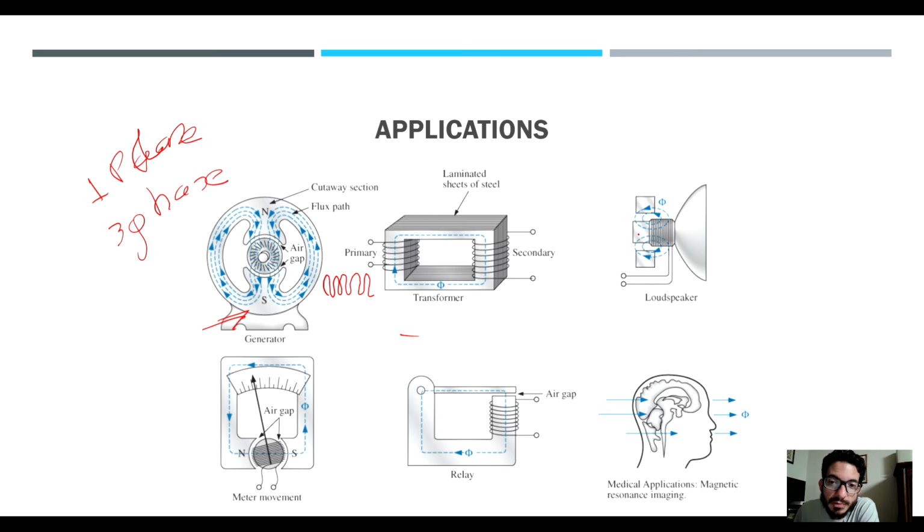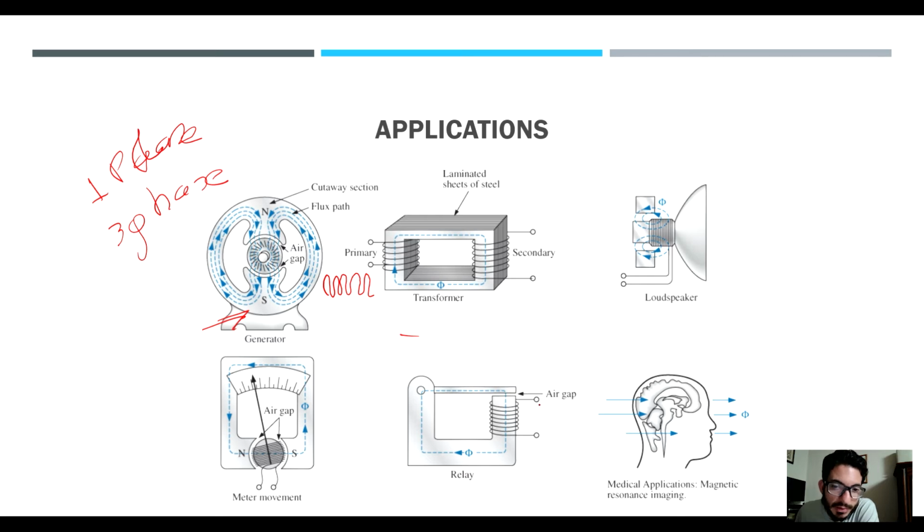Speakers use magnetic fields, so we basically have a signal, an electric current, and it can be translated from the electric current to the magnetic field to polarize a different material. We have sensors with magnetic fields.